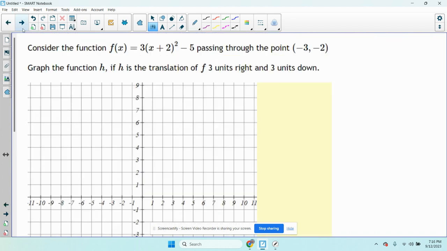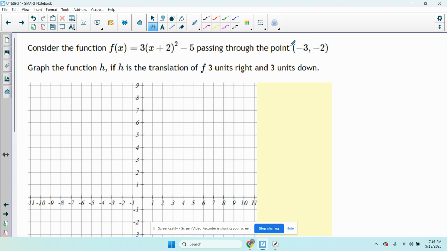Now the next one says, consider the function f of x equals this, passing through the point -3, -2. Graph the function h if h is a translation of 3 units right and 3 units down. So we don't really need to graph this. You can if you want.